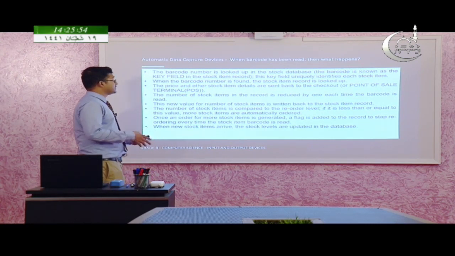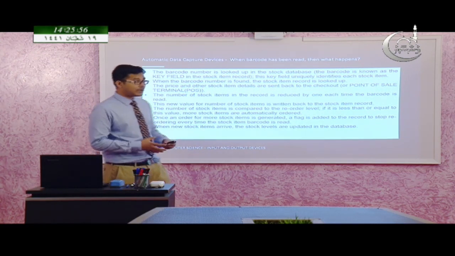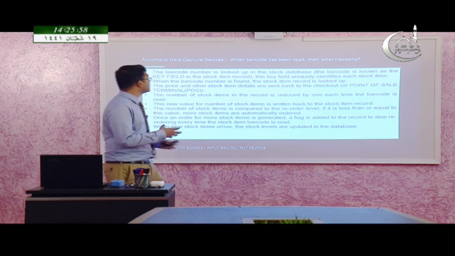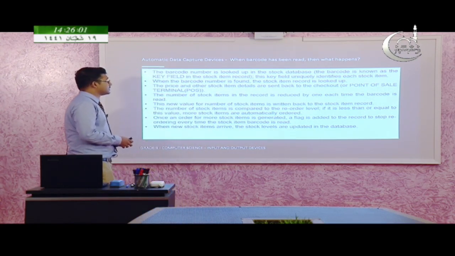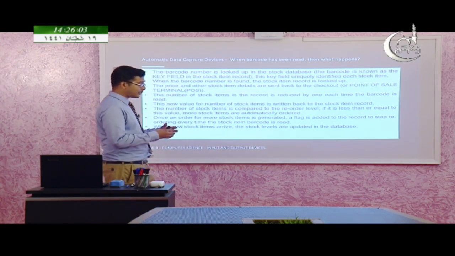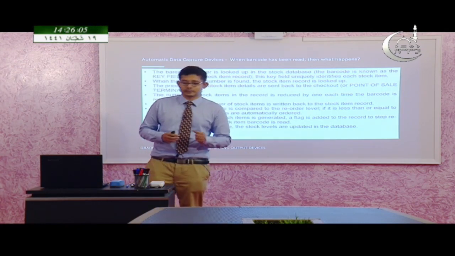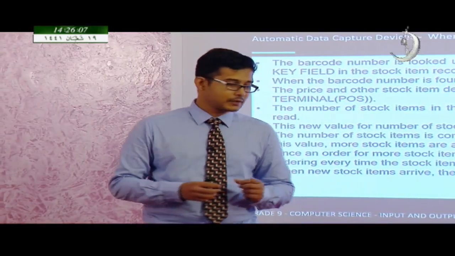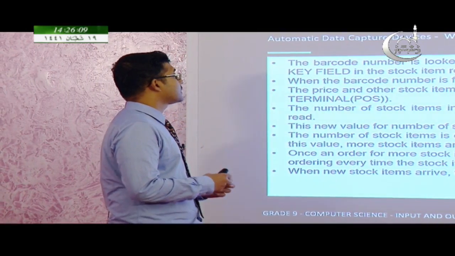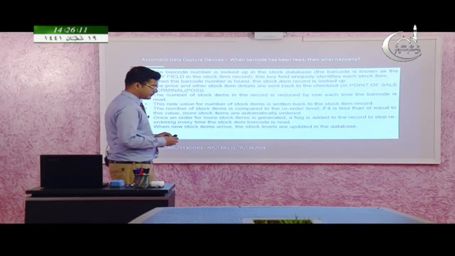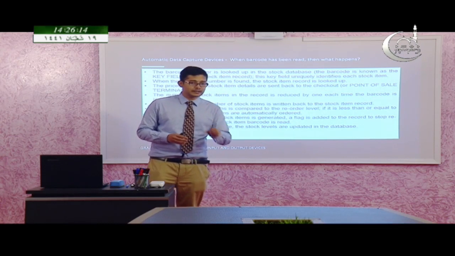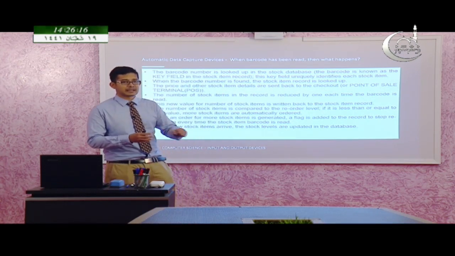Now, there may be another type of question, or it can be asked in the form of a flowchart, how the whole system works. So, let us say how a barcode can be used for stock control. Stock control obviously has a database. Whenever an item is taken from a particular location, it will be scanned.